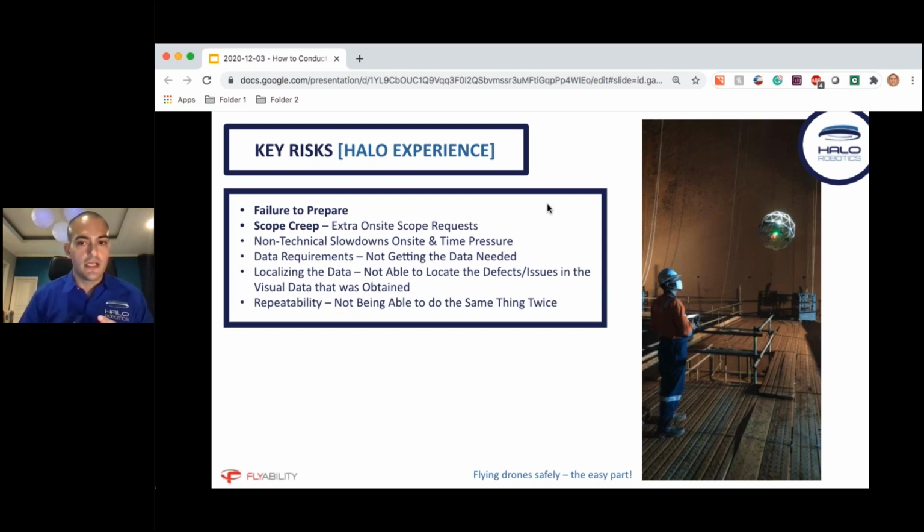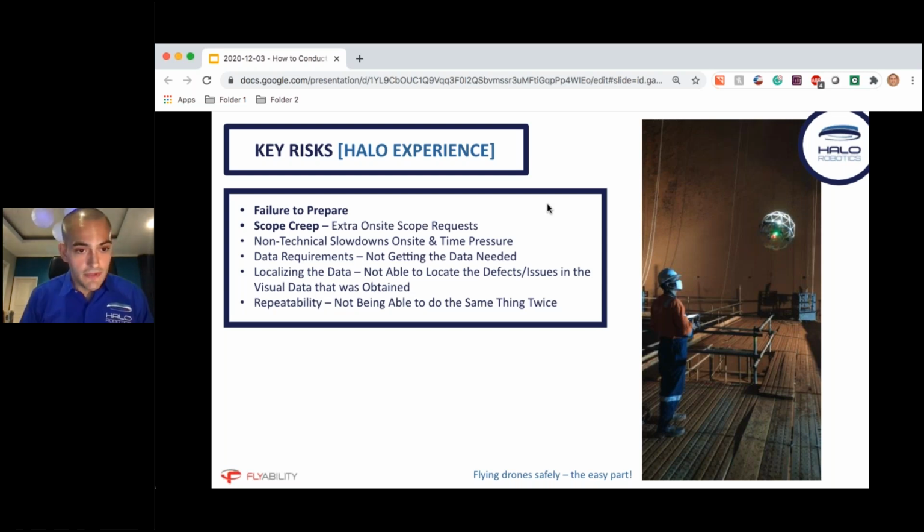This is just something very general, and actually the real risks in terms of our experience. Number one thing is failure to prepare. So much in terms of risk management, risk identification, risk mitigation, emergency scenarios, getting good data reliably, anticipating some of the non-technical slowdowns that will happen when you actually get to site and need to access the asset.